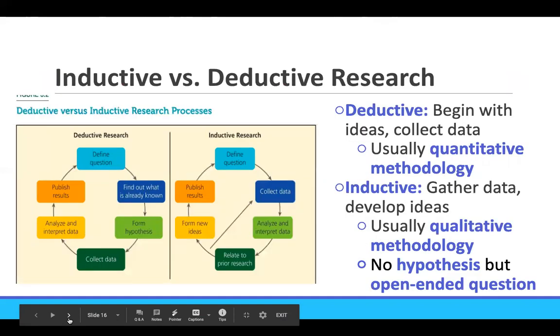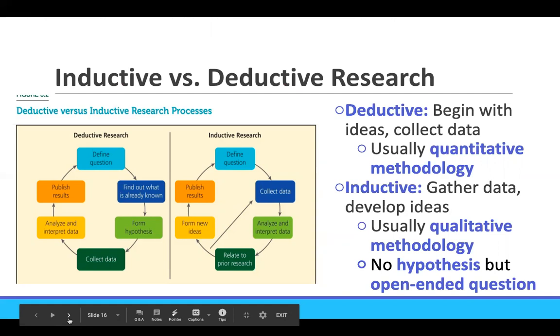Before we get into hypotheses, which is the final set of terms that this chapter introduced, I want to remind you that in sociology, we don't always have that step that we have in the deductive research process.